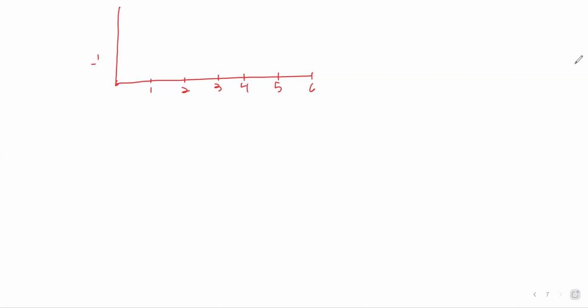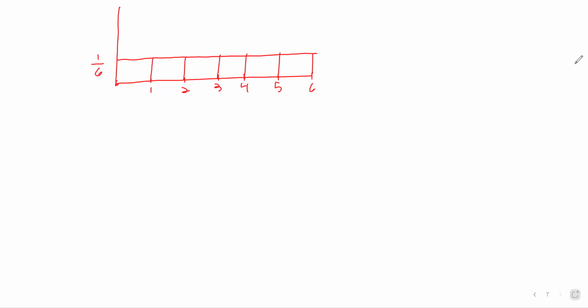And here's 1, 6. If you draw the probabilities, this is how you would draw them.